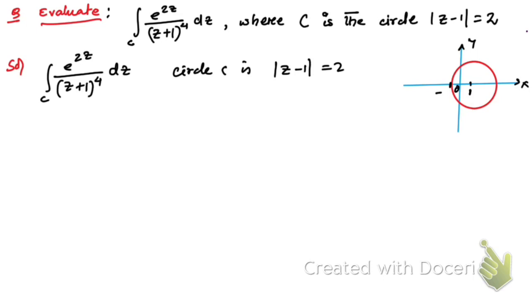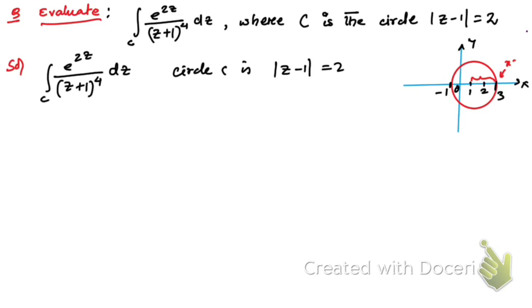Since the center is 1 and the radius is 2, this circle must cut the x-axis at x is equal to 3, because it is 2 units from x is equal to 1, since the center is at 1 now, not at 0.